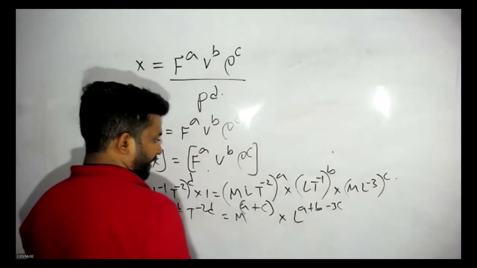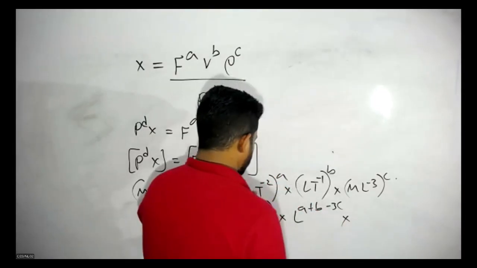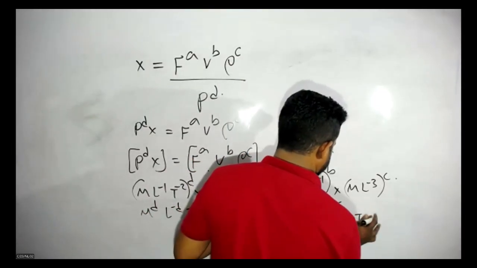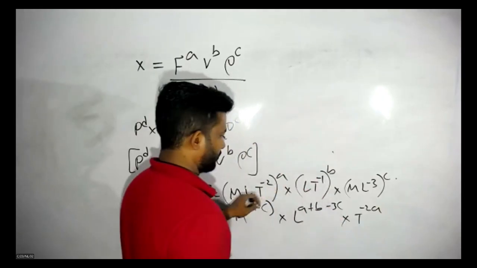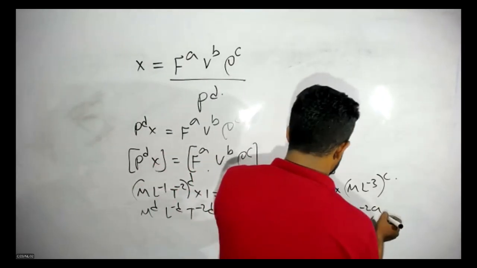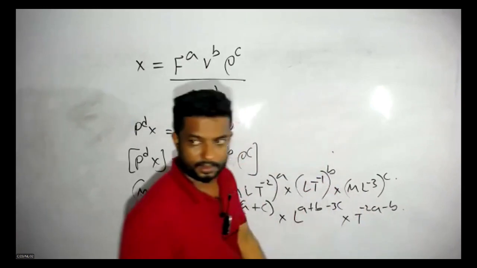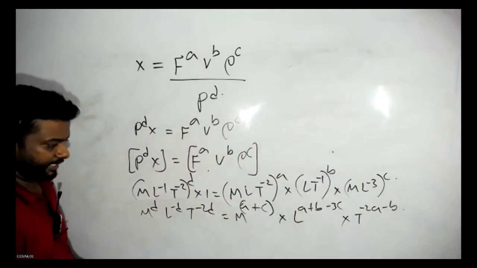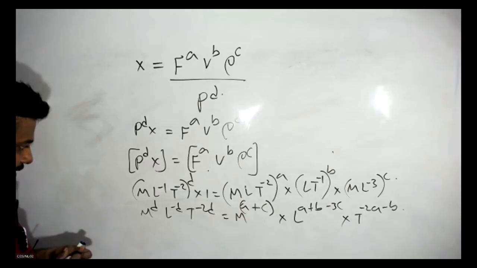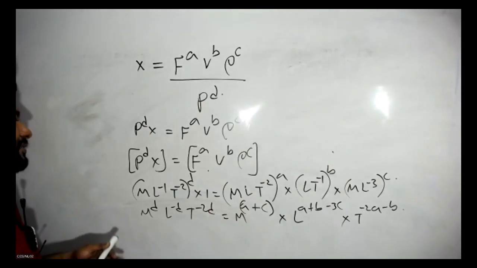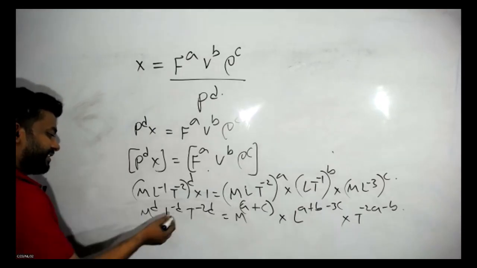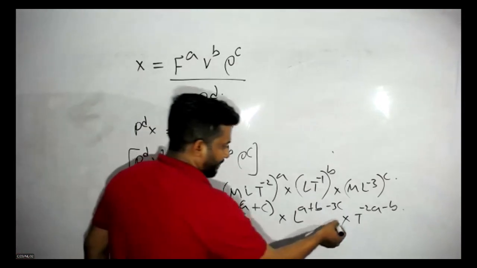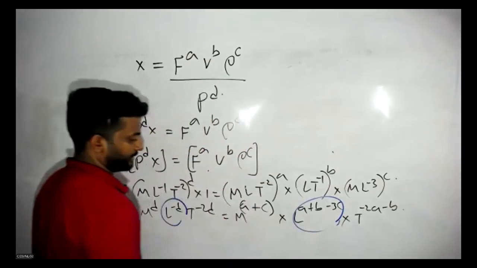Then consider the dimensions of capital T: T to the power minus 2a, and T to the power minus b. These are the dimensions of T. Now you can equate the dimensions of capital L at the two sides.